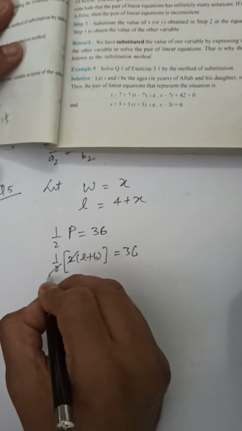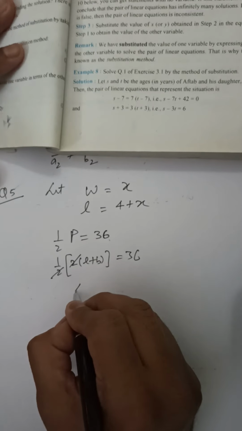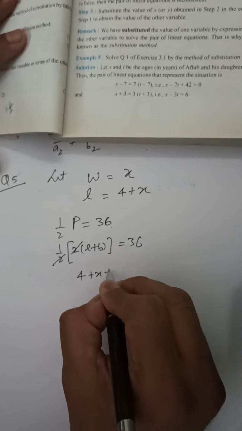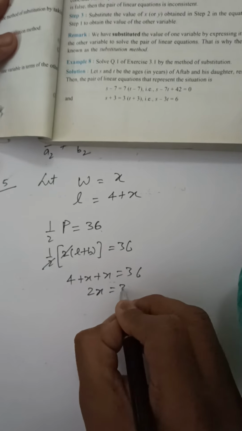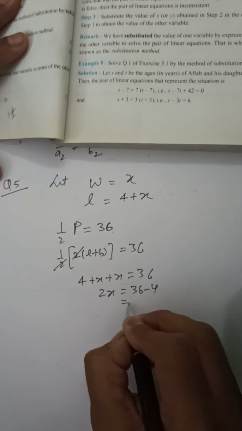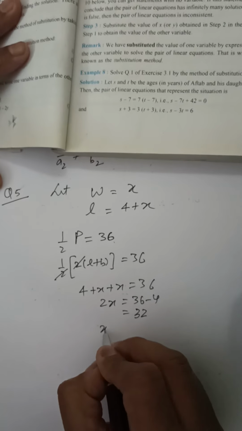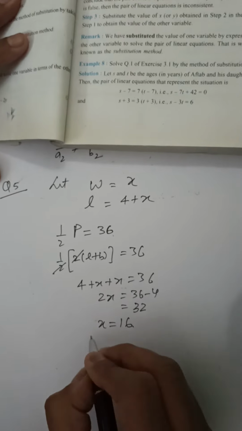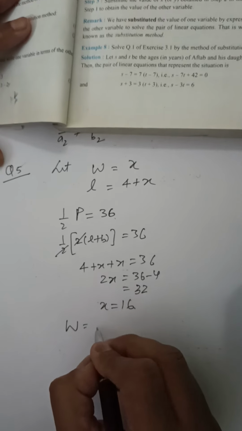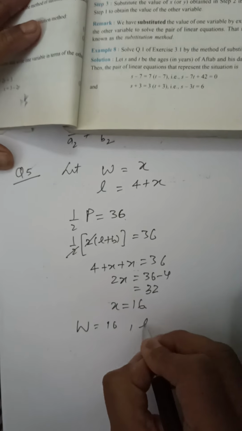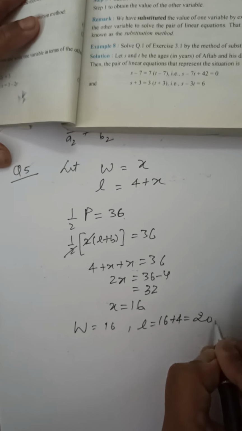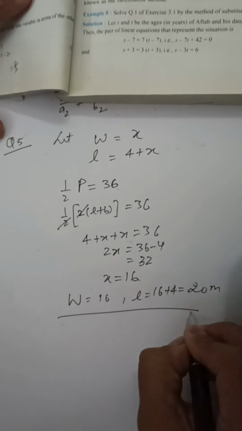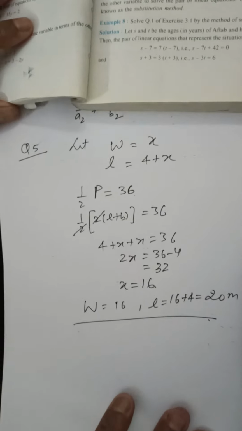So this 2 and 2 gets cancelled. We put the value 4 plus x is 36. So 2x is 36 minus 4, which gives you 32. So x value is 16. So that means width is 16 and the length value is 16 plus 4, which gives you 20 meters. So this is question number 5.